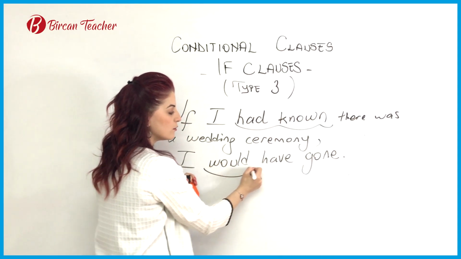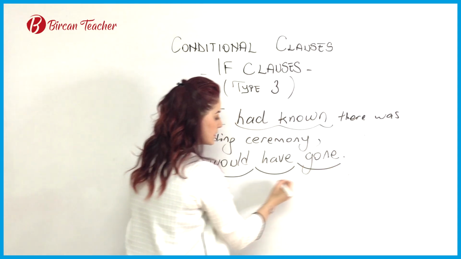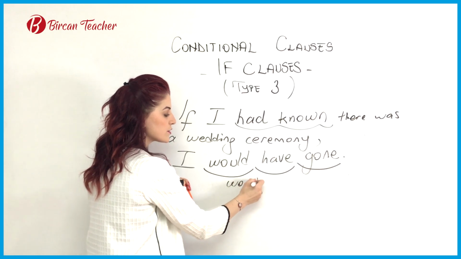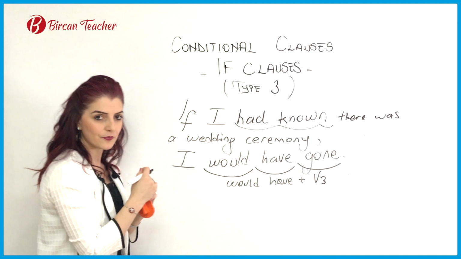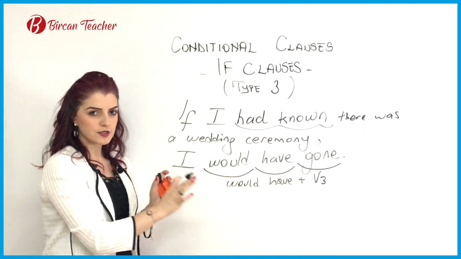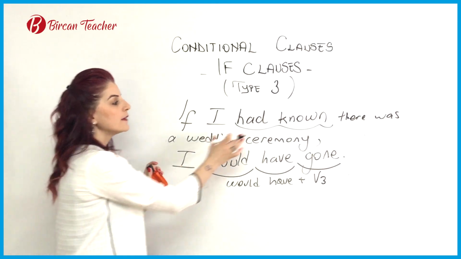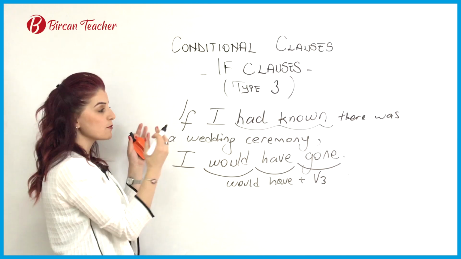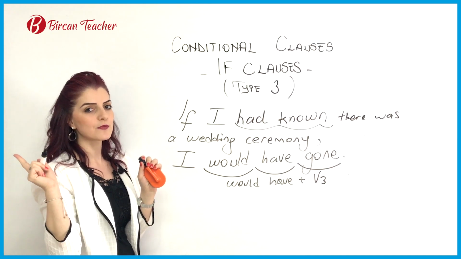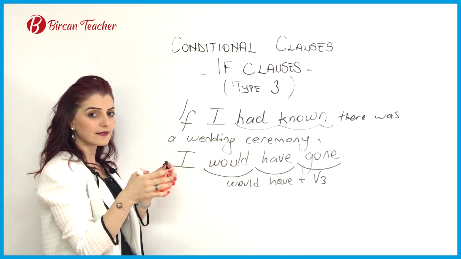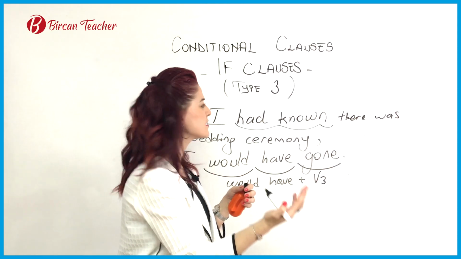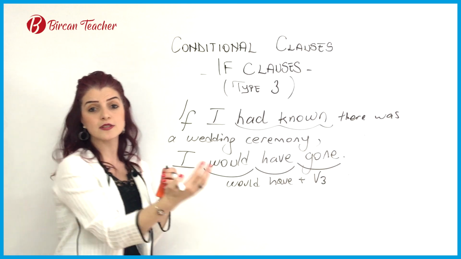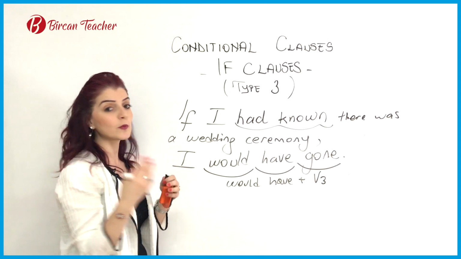So here, would have gone, this is would have plus past participle. In this situation, you should understand, nobody told me. That's why I didn't know yesterday, so I didn't go. But now I can make a comment. I can give some criticism. For example, I can criticize my friend. I can complain about it.